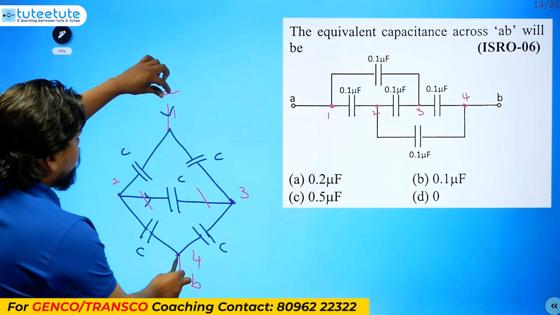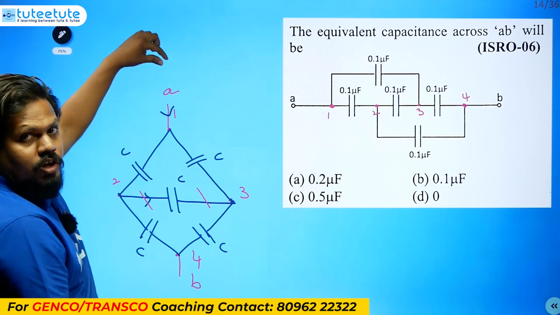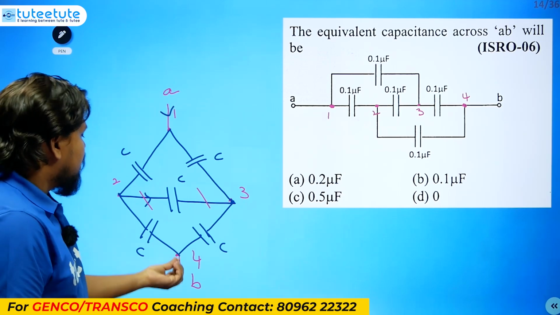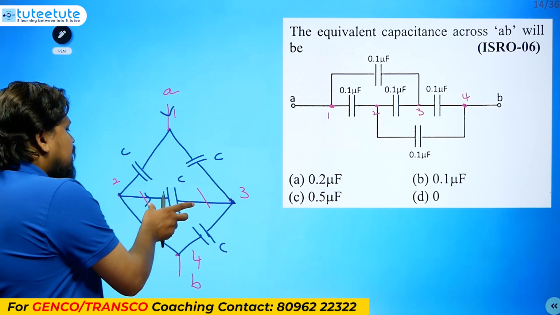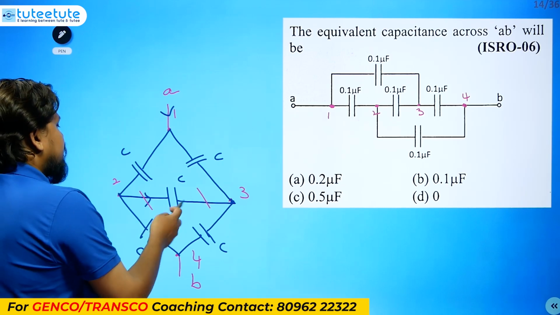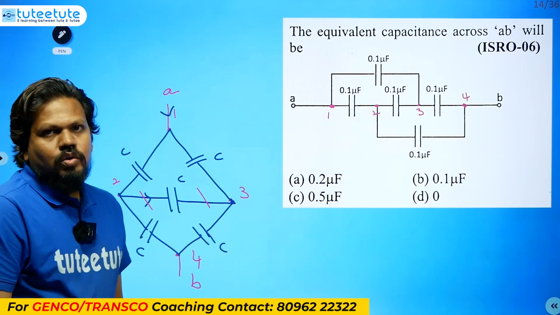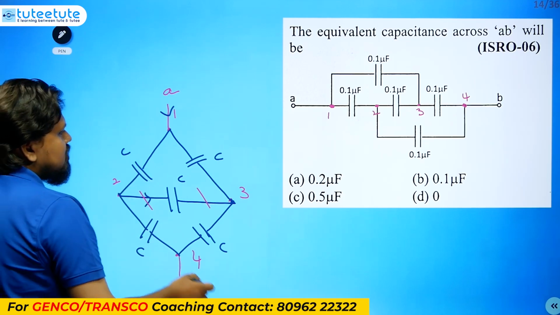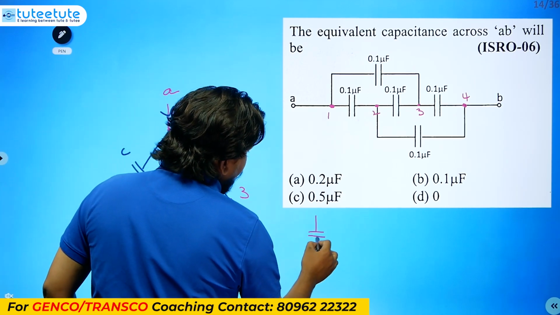See, these two terminals are the input and output terminals. If current is entering like this, in the middle element there will not be any current going. No current going means these two are connected in series, and we can consider the circuit like this now.